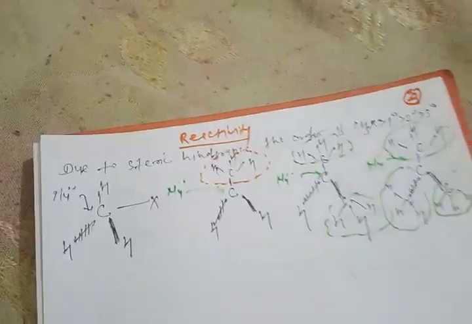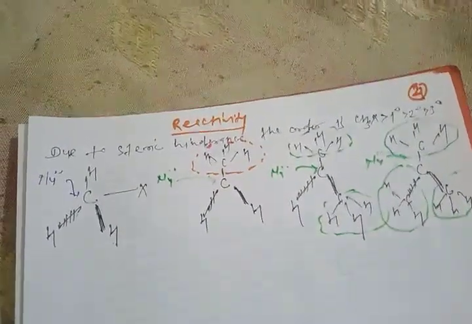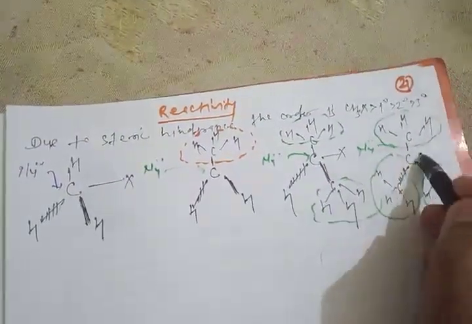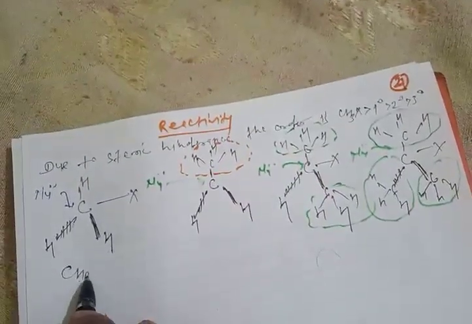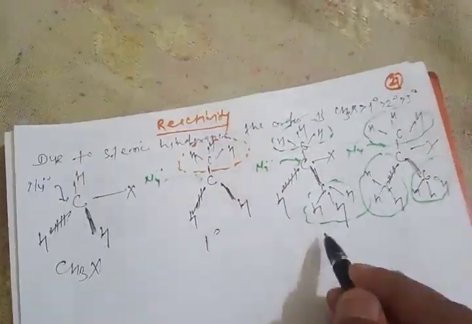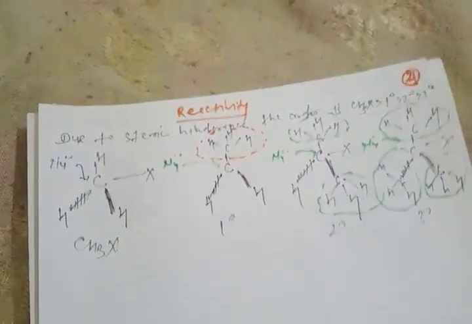So this is the reason: this is the CH3X, this is the 1 degree, this is the 2 degree, and this is the third degree. So steric hindrance increases, so the reactivity decreases, and the order will follow in this way.